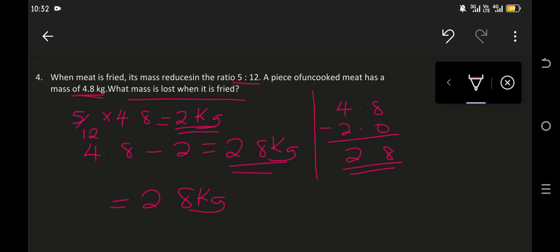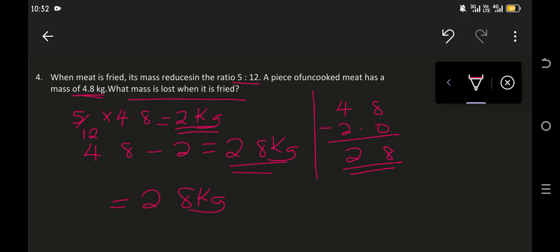Remember here we were being asked the total mass lost when it was fried. We were not being asked what the mass was after it was fried. I hope we understand that. So that is how we increase and decrease ratios. It's really not about changing the ratio in a certain manner.